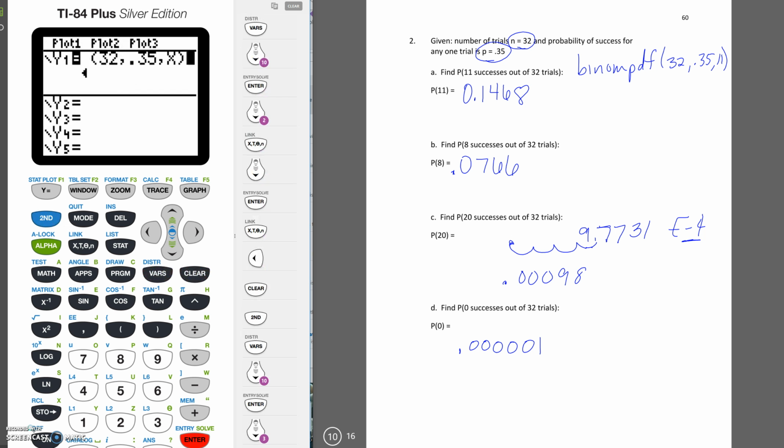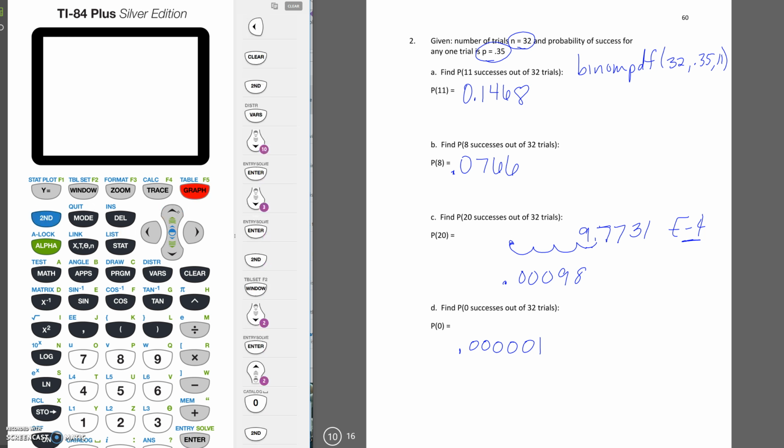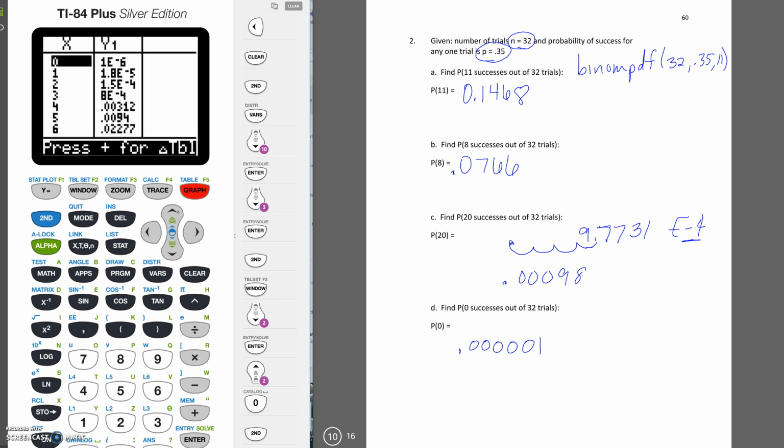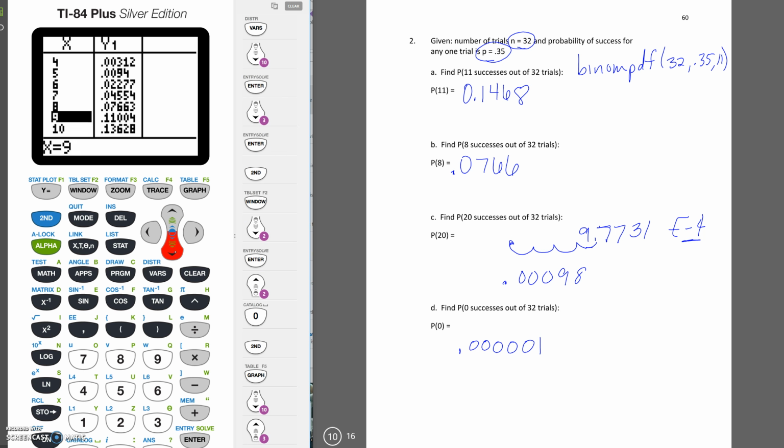Now if we make sure our table is on auto, and we start it at 0, then if we go to the table, it will actually make the distribution table for you for any of the possibilities. So this would go all the way up to 22, but we could go to 11, and we'll see that that gives us the same probability that we had before.